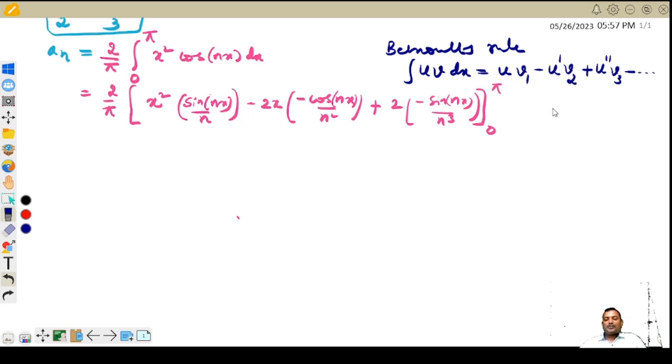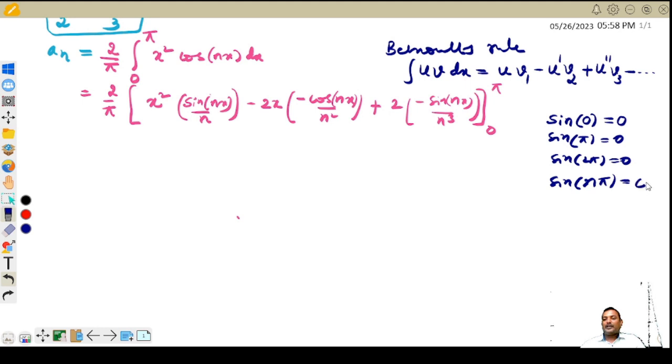And students, you must remember that the value of sine for the angle 0 is 0. For pi is 0. For 2 pi is 0. In general, sin n pi or sin 2n pi is 0.